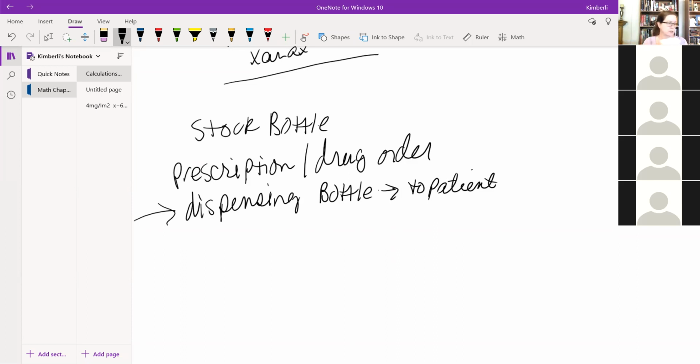So reading this label, who is the manufacturer of this medication? It's up at the top of the label. The NDC number? Nope, the manufacturer, Pfizer.